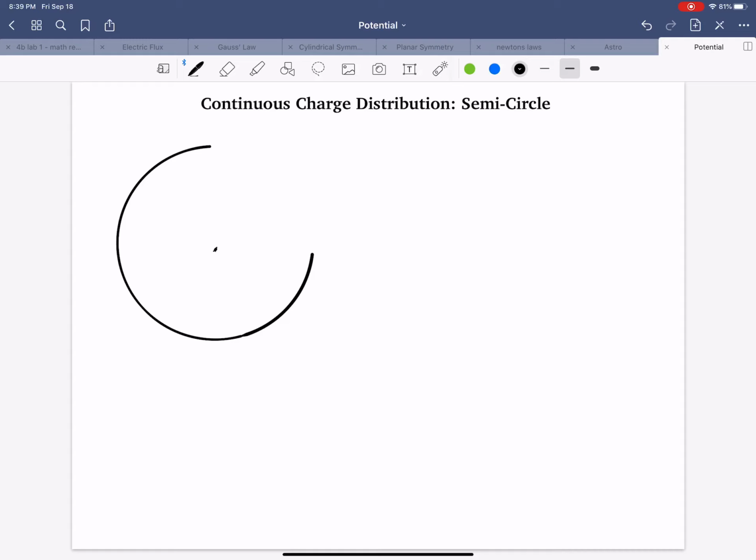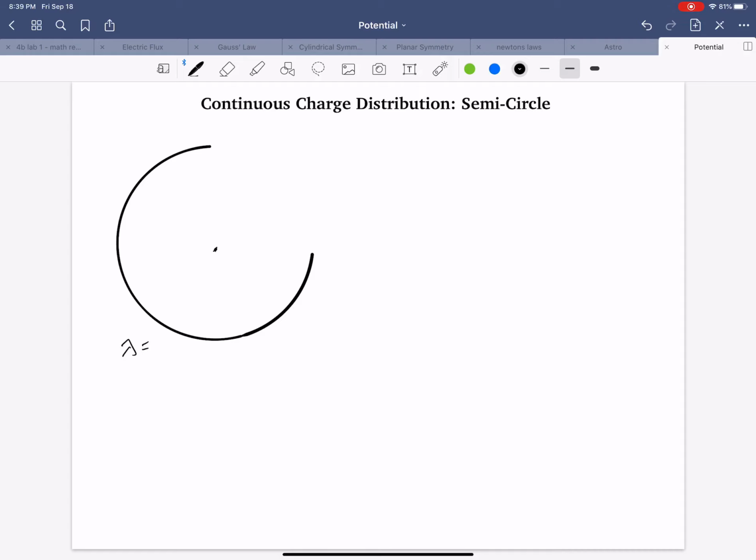So let's see. This arc length, some questions give you the total charge value. Some questions may give you the charge density being uniform, and then the angle. Let's just say we have a charge density sigma, or rather, this should be lambda because it's a line effectively.